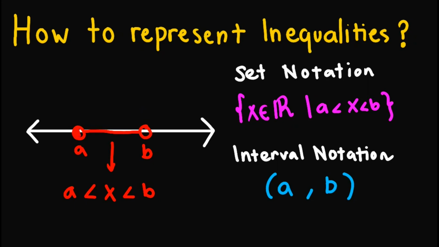If this one is shaded, then we simply change this to equal to, and then equal to out here, and we change A out here to a square bracket. If B is included as well, then we simply add an equal to out here, and replace the parenthesis on B out here with a square bracket. That is how it works.